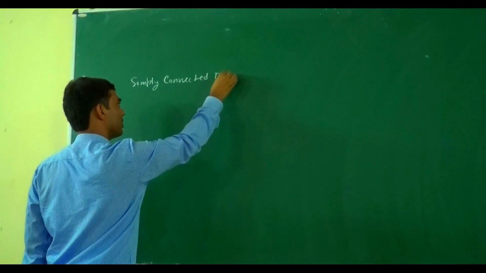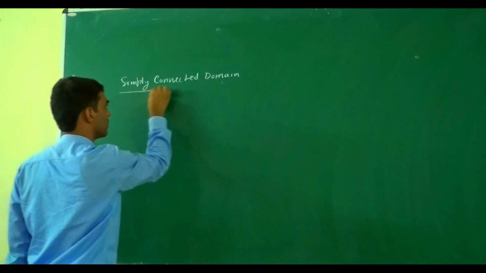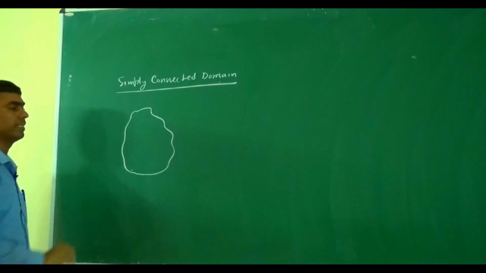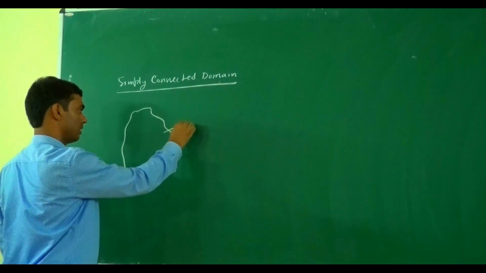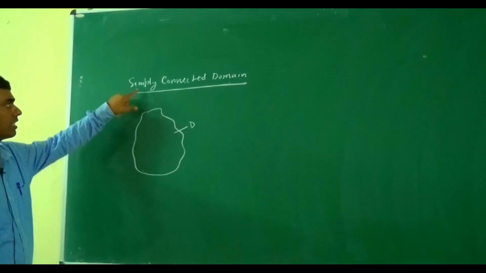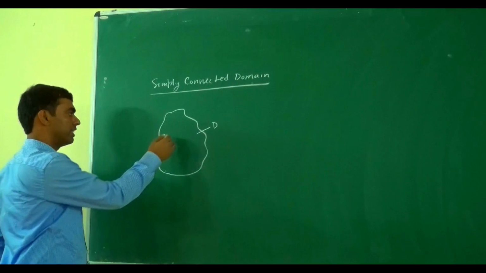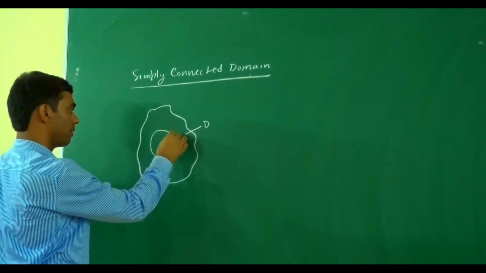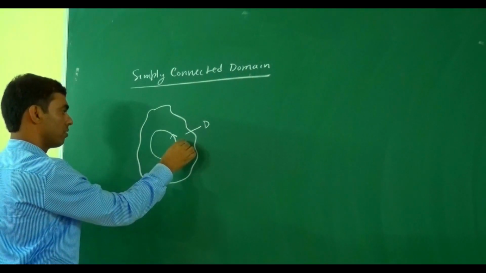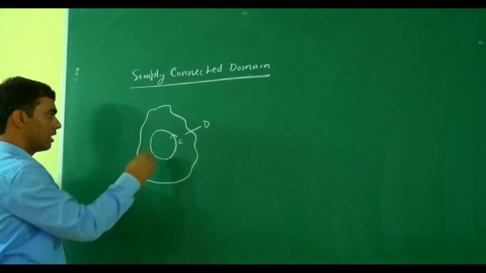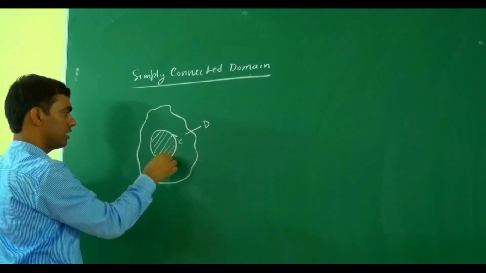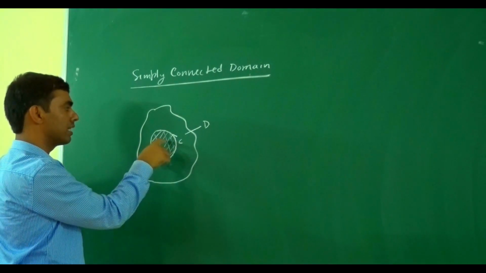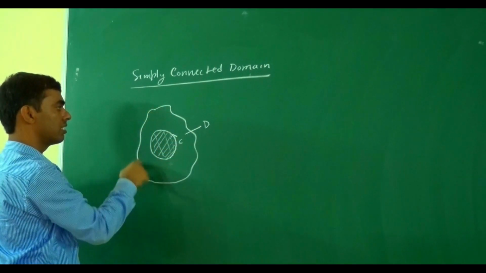Suppose this is a domain D. This domain D is called simply connected if we draw a simple closed curve, suppose this is C, and its interior points lie completely in the domain D.